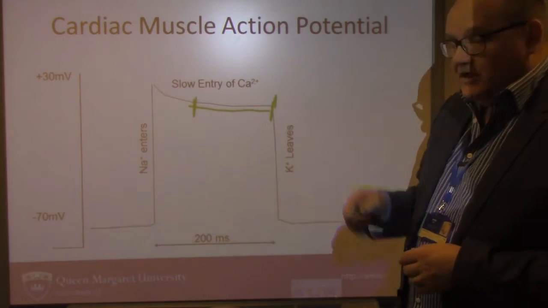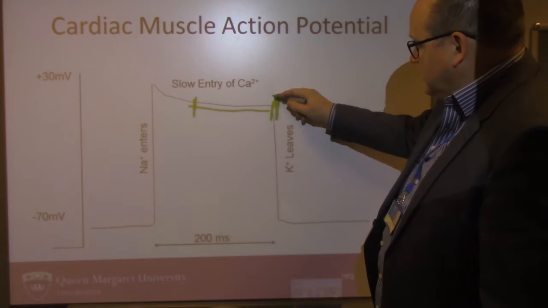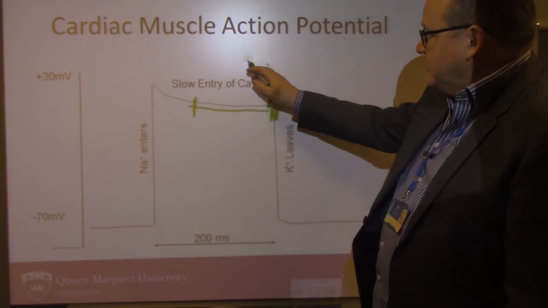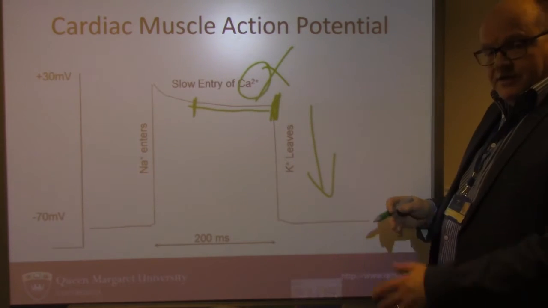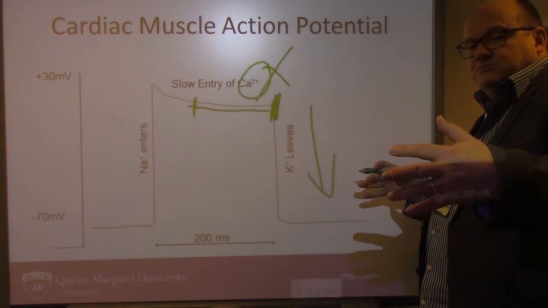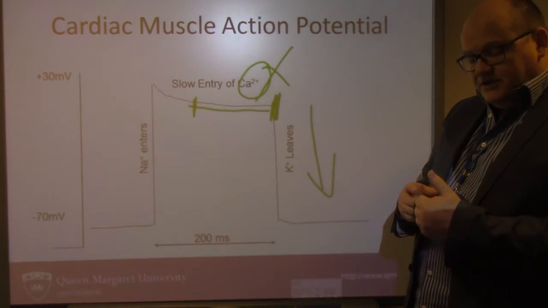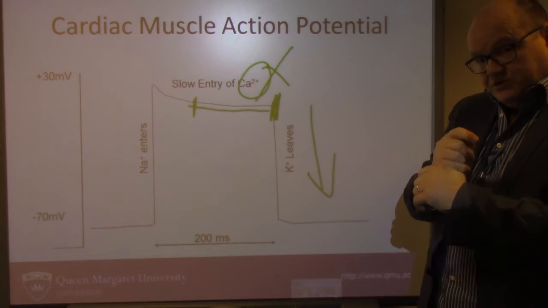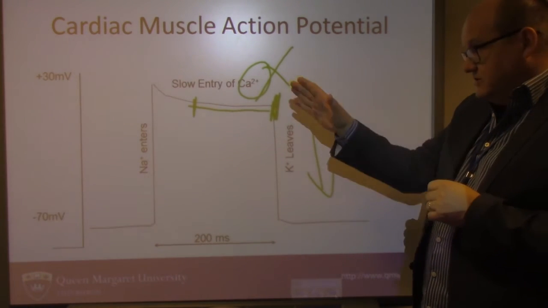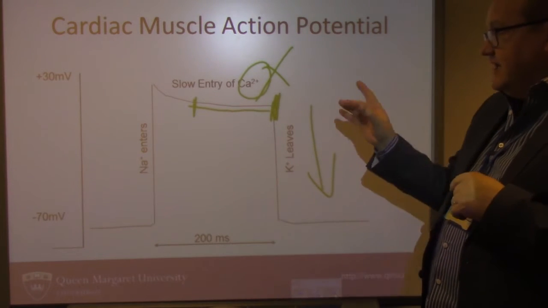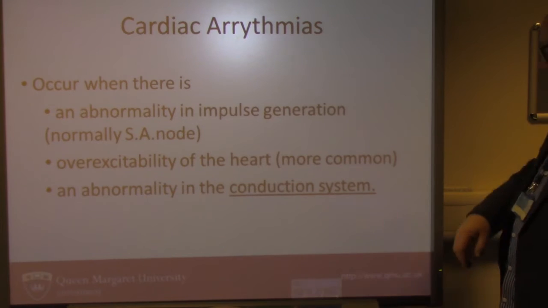So calcium going in balances potassium coming out, until eventually at this point the calcium channels close and potassium continues to leave. That gives you the prolongation of the action potential. So a neuronal action potential happens because you have sodium and potassium channels active. Cardiac action potentials look different, more prolonged because of that extra involvement of the calcium channel.